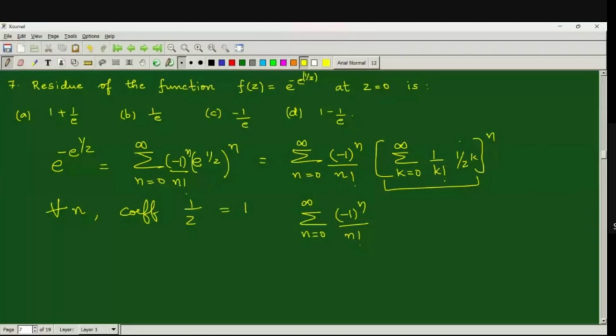Okay, fine. So one mistake that we'll make is that this is one, and for each n this happens, so we will find this thing. And this is actually 1 by e.